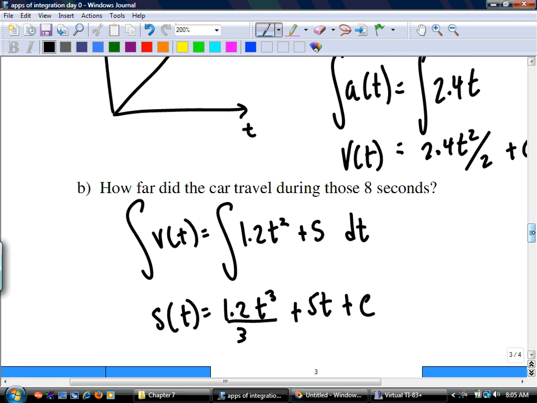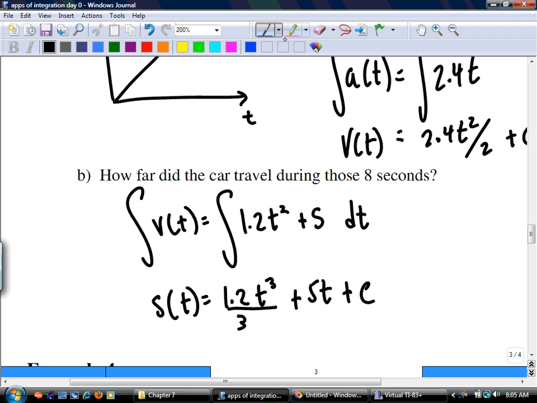And we want to know how far we went in 8 seconds, so 0 to 8. Put in 8, put in 0, subtract your answers, and you know how far you traveled.